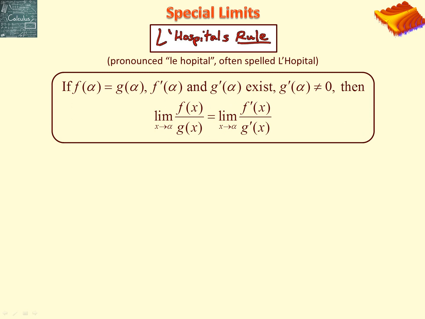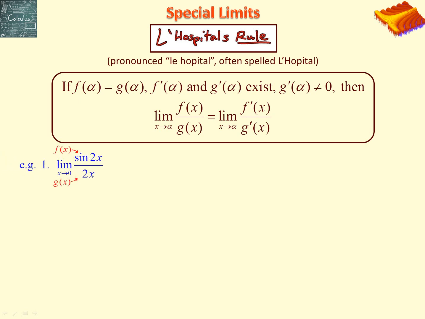So what L'Hospital's Rule says is that if f of alpha equals g of alpha, and f of alpha and g of alpha exist, and g of alpha not equal to 0, then the limit of f of x over g of x equals the limit of f prime x over g prime x. So the limit of a function over another is equal to the limit of the one derivative over the other.